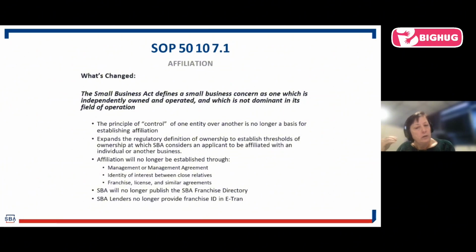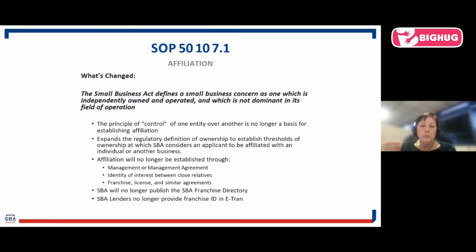So now when a lender is reviewing your plan, what they're going to do is ask you if you own another business. If you do own another business, they're going to ask you what industry it's in based on the first 3 digits of your North American Industry Classification System number, or your NAICS code, okay?